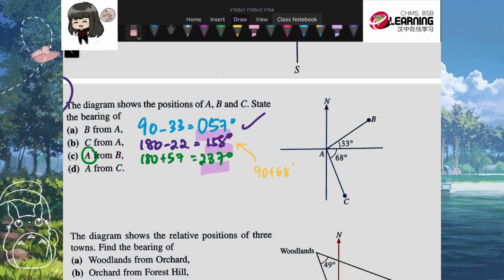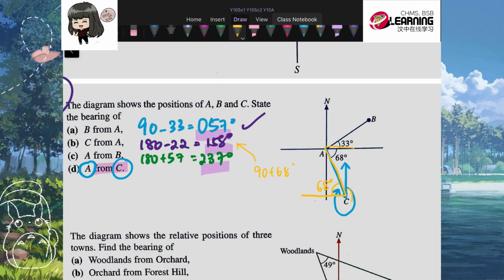Okay, let's look at the last part here. From C, I form a north, and then connecting line is A, C like that, so clockwise like this. So what else do we have here? What information? You have a 68 here, so we form an alternate Z. So this is 68.